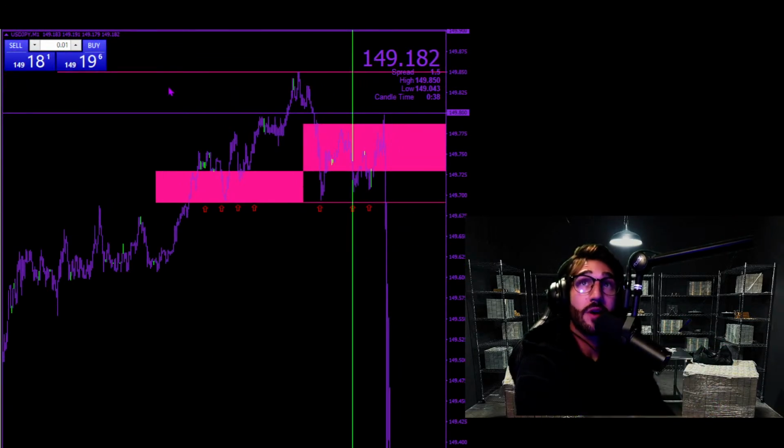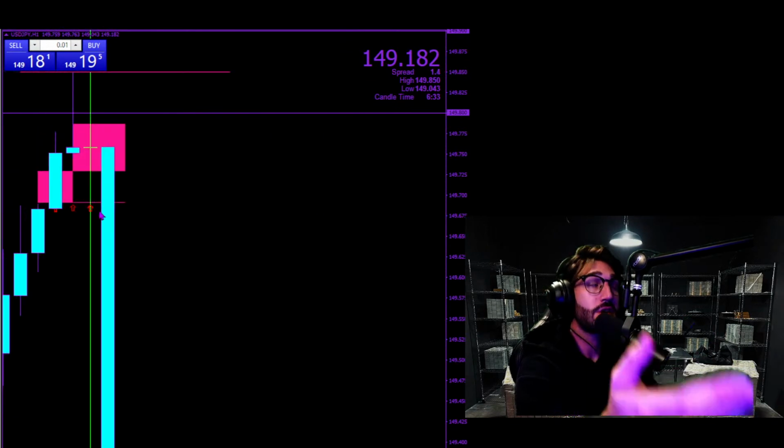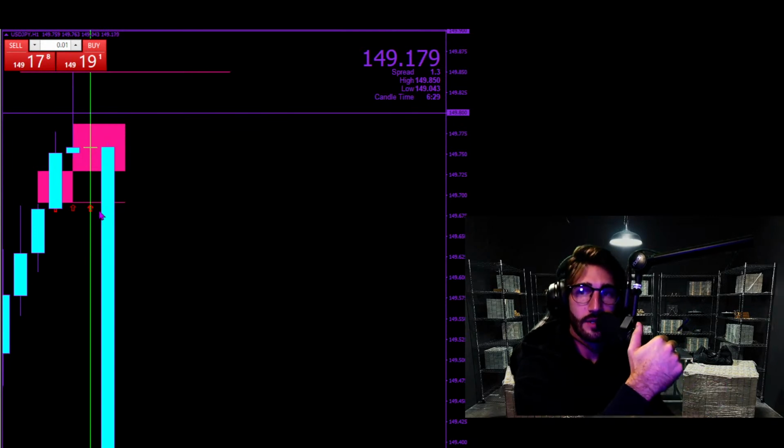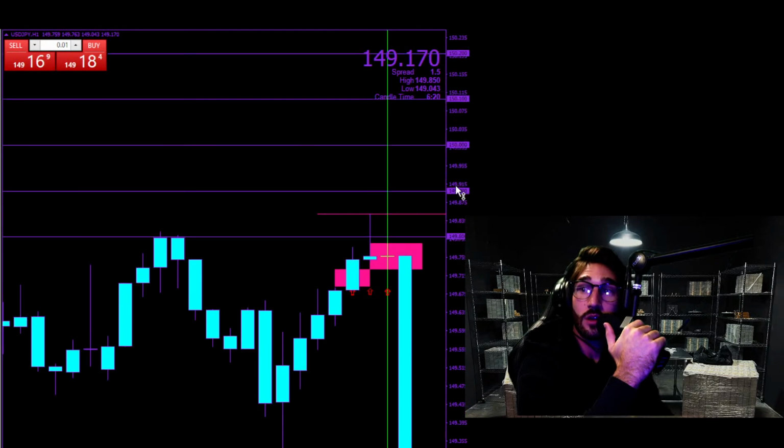And 149.7 was the low of your previous hourly candle. That is how we got the support for the daily. And you can see that this is a very significant wick.